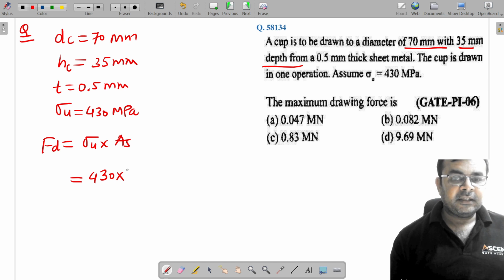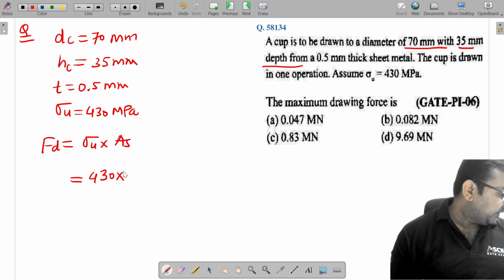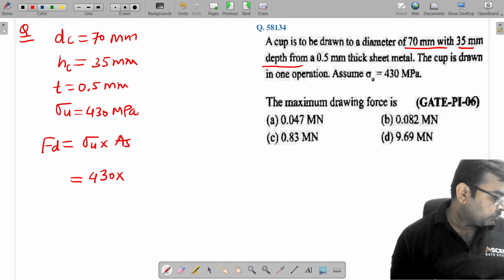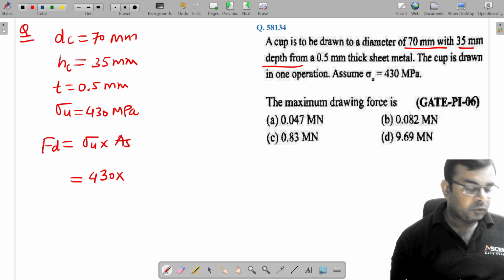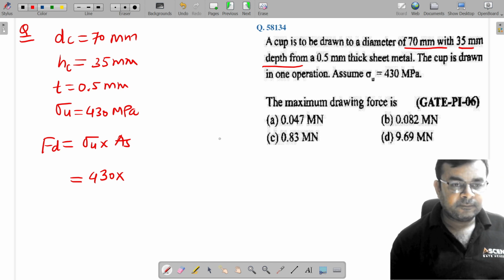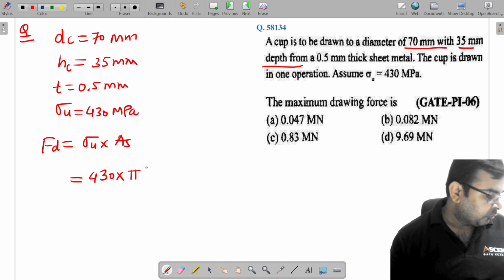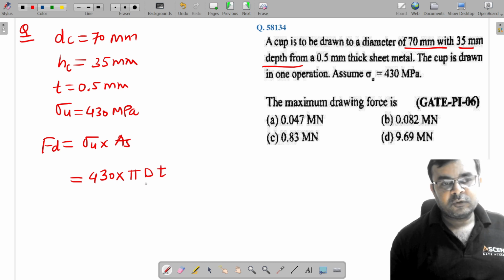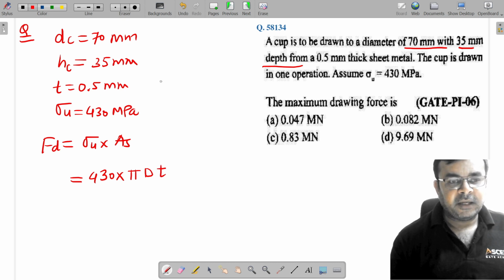Here we need to calculate the maximum drawing force. Is it clear? Maximum drawing force. So first here we need to calculate the diameter of the blank, correct? Because the drawing force is nothing but 430 into pi d into t. So first we need to calculate the diameter of the blank.